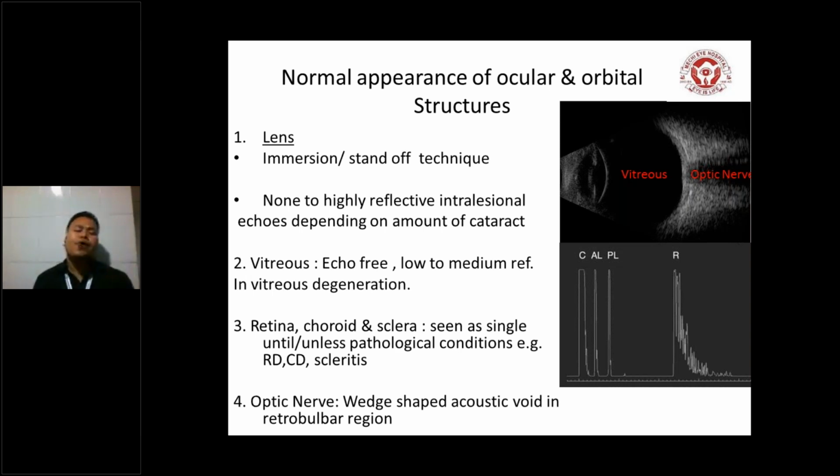And the vitreous is echo-free, and depending upon the amount of vitreous degeneration, its reflectivity changes from low to medium. Unless there is a pathological condition, choroid, sclera, and retina form a single layer. So the optic nerve, we can see here, is wedge-shaped, acoustically void in the retrobulbar region.